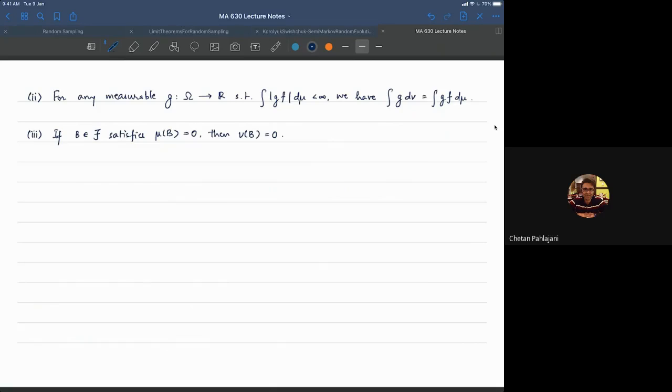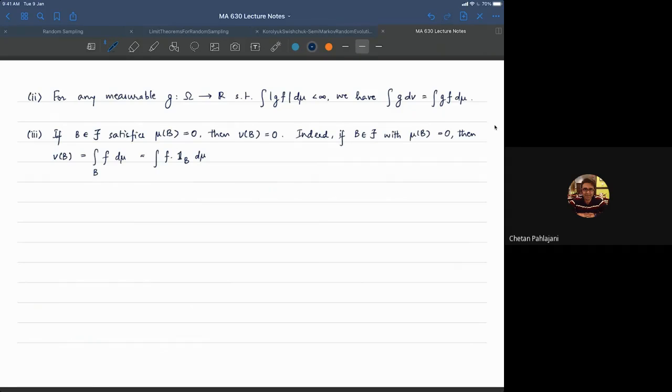So let's just check this. Indeed, if B is in F with μ(B) = 0, then what is ν(B)? ν(B) is the integral over B of f dμ, but this is just the integral of f times the indicator of B, dμ.